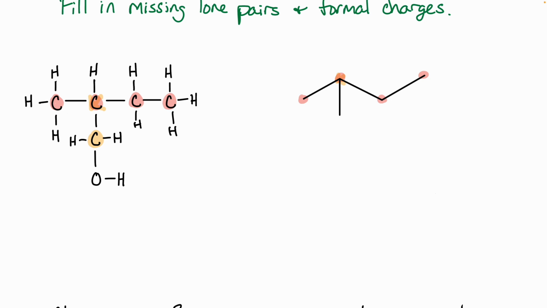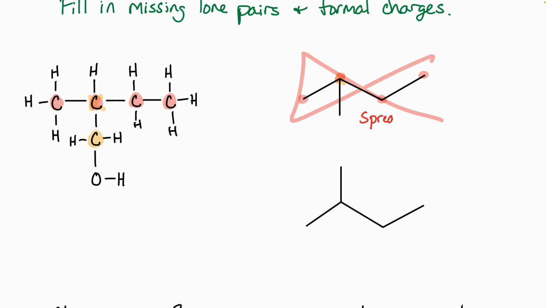So we don't want to draw it like this. Instead, you're going to draw it pointing up. So this one's bad, because we're going to spread out all of our bonds as much as we can.